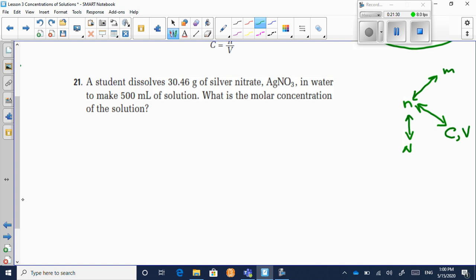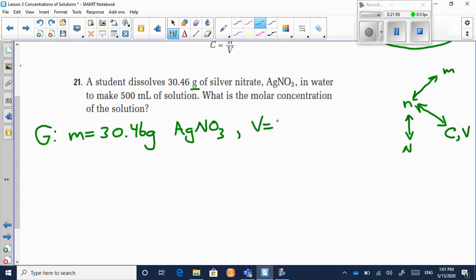Okay, number 21. A student dissolves, so here I'm going to start writing, a student dissolves 30.46 grams of silver nitrate. Well, hopefully a lot of you will recognize that if you're given grams, that's a little m. So you've been given 30.46 grams of silver nitrate, AgNO3, and it's dissolved in water, and it makes 500 milliliters of solution.